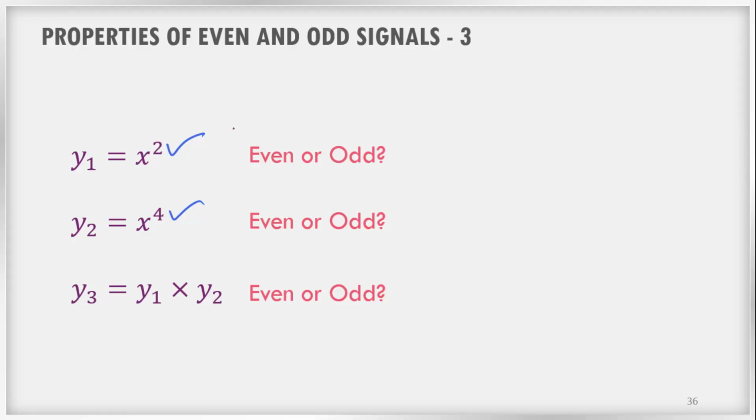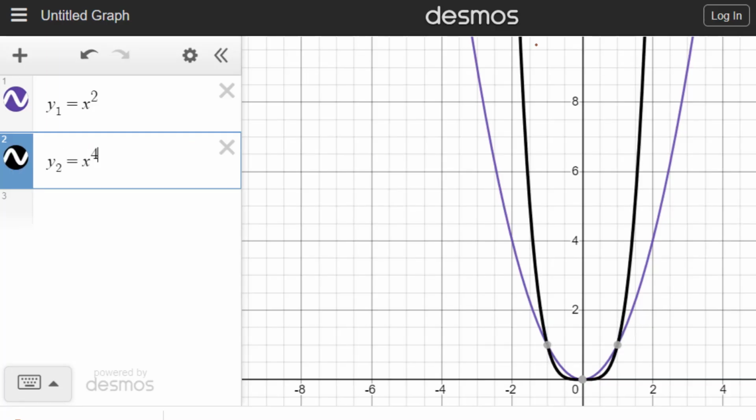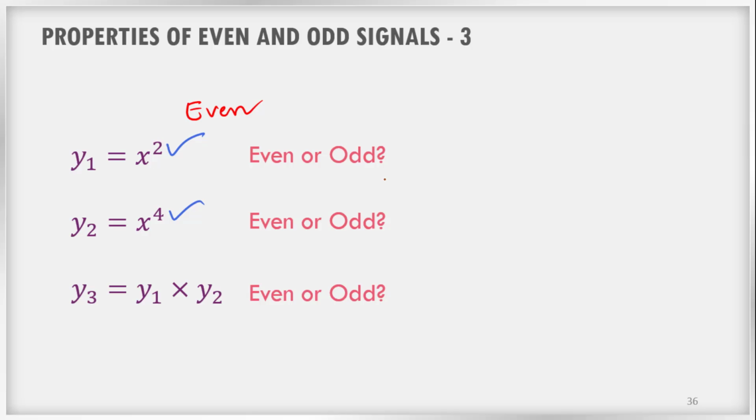Coming back to our presentation, if the signal has the shape of y1 equal to x square, this is an even signal. y2 is equal to x power 4 is also an even signal because it has a vertical symmetry.